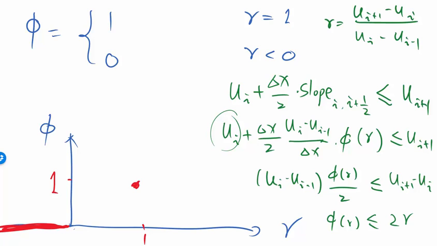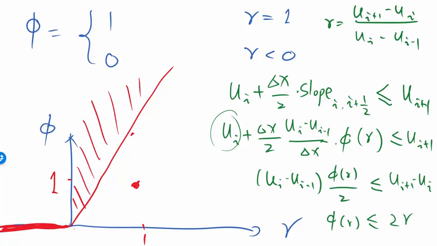So on this plot, what does this give us? If r is equal to 1, phi cannot exceed 2. So it gives us a line like this, and this is forbidden for any valid limiter.